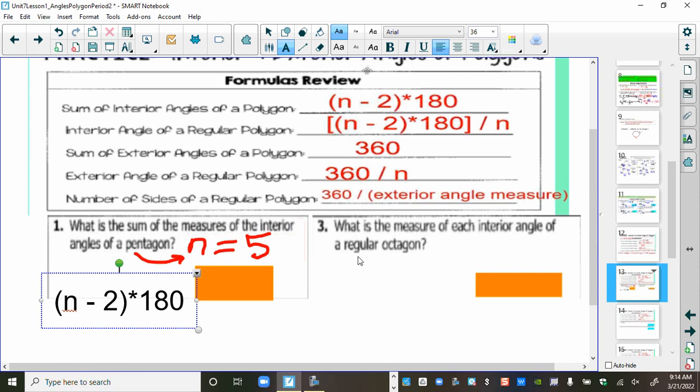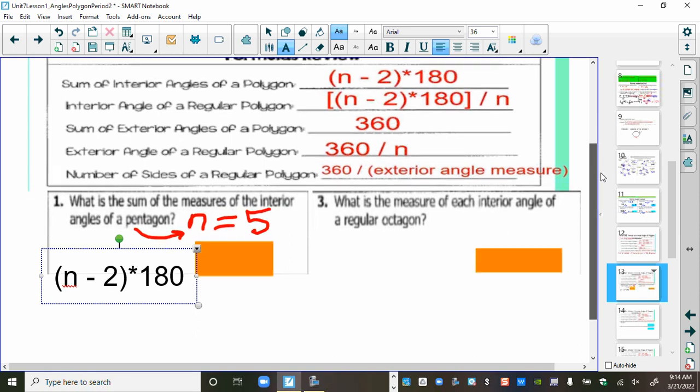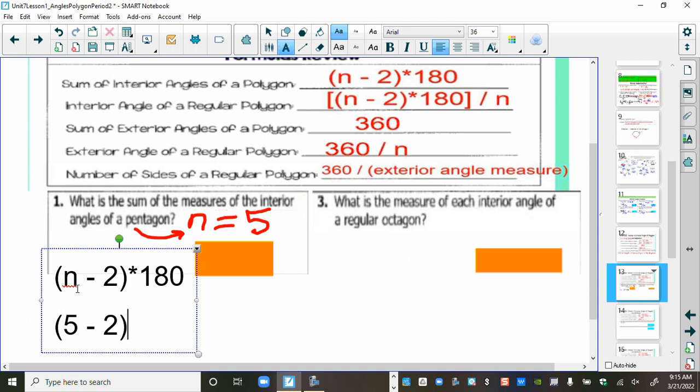There you go. Just plug it in. 5 minus 2. All right. And somebody could tell us what number did we get?